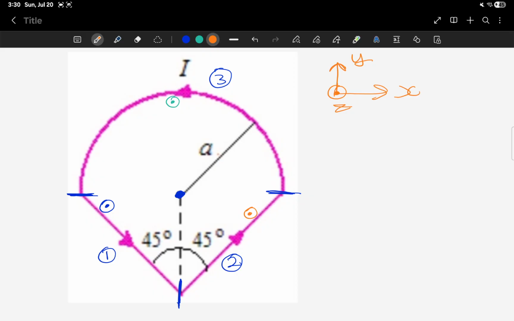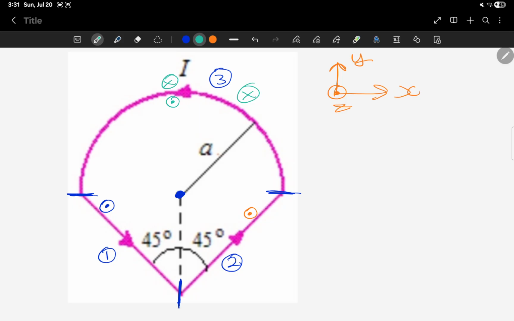My thumb points in the negative i-hat direction, basically along with the current. My fingers now will start curling above this segment over here, and initially they're going to curve into the page, into the tablet, into the table.